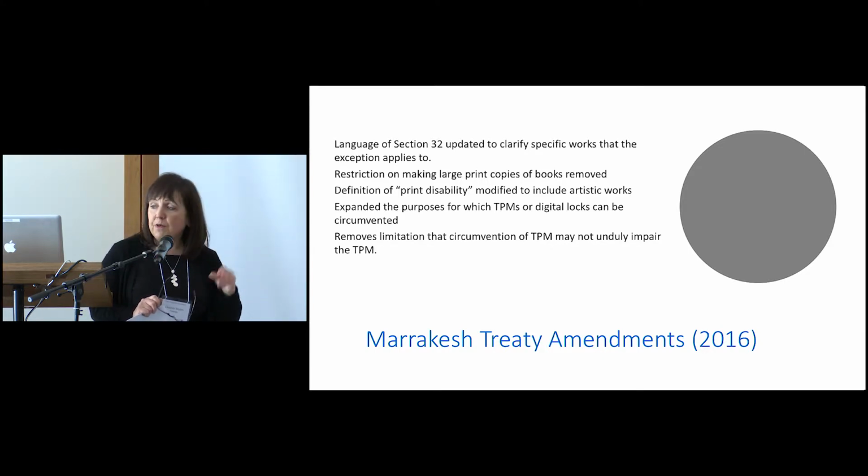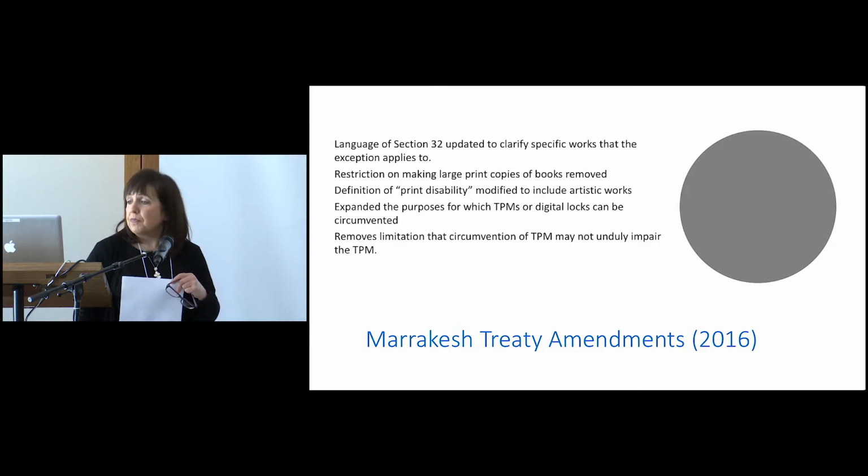The restriction on making large print copies of books was removed. That had been around for a long, long time since Section 32 was implemented, and that was taken away as a result of the Marrakesh Treaty amendments in 2016, so that was great news.